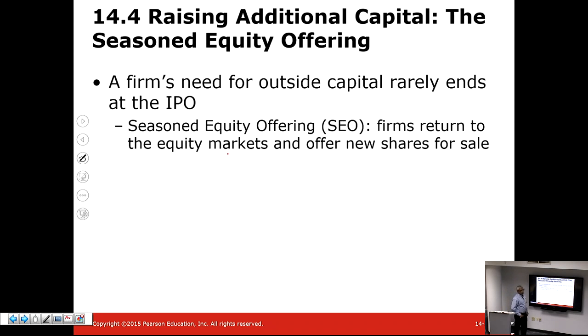And the reason is, what alternative does the firm have in raising capital? Although now there are more and more firms that are beginning to think a little bit outside the box, and they're beginning to use private equity markets, which are essentially raising large amounts of capital through a consortium of very wealthy investors.